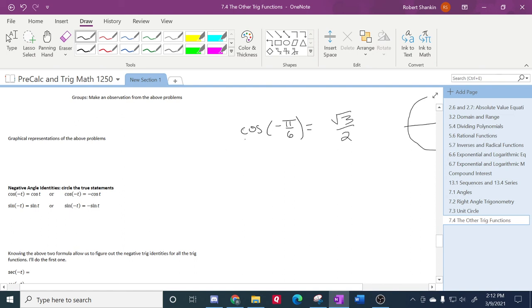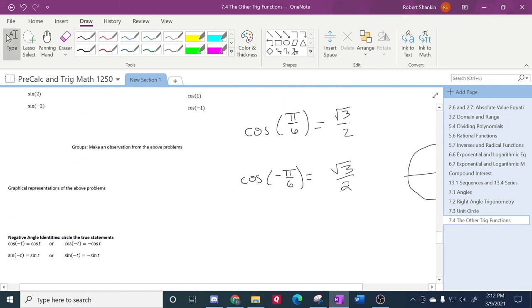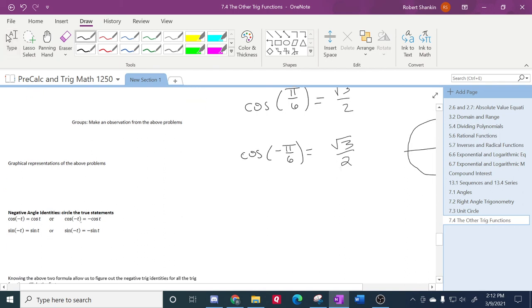And these two things did not give us things with different signs, so I don't pick this one. I pick this one. I get the same thing whether I take the cosine of a positive angle or a negative angle. I'm always going to get the same thing.